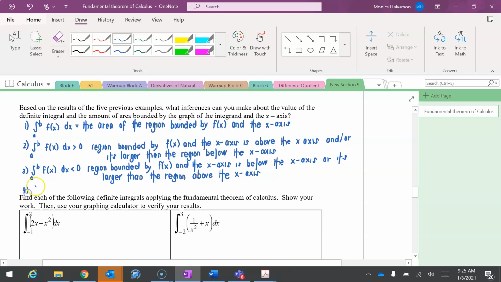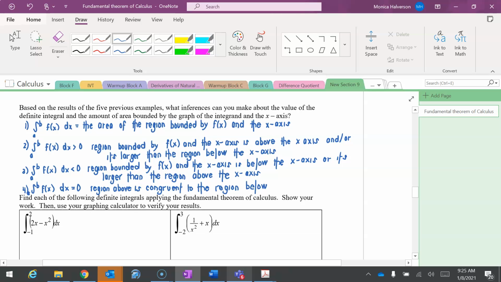And the final inference we can make is if the value of the definite integral is equal to 0, the region above is congruent to the region below. All right?